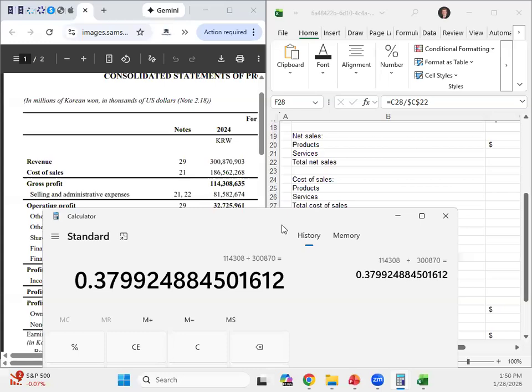And so we can compare between Apple and Samsung. We say, okay, Apple is selling its products at a higher margin.